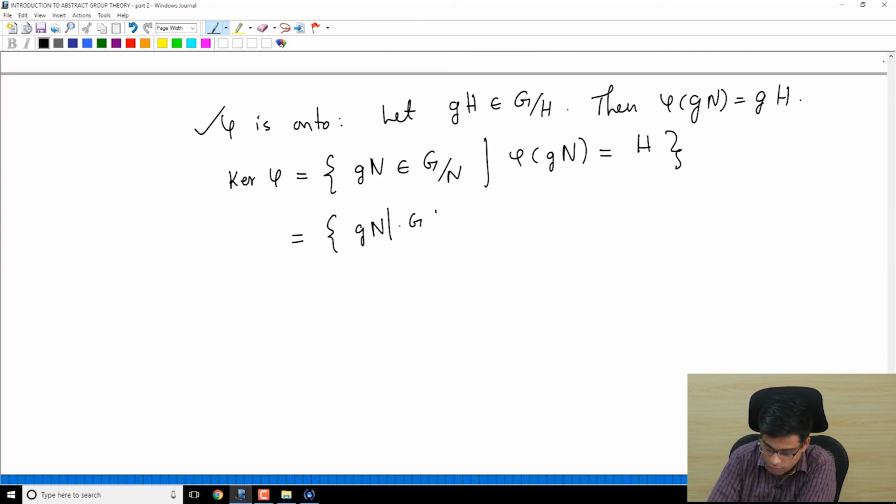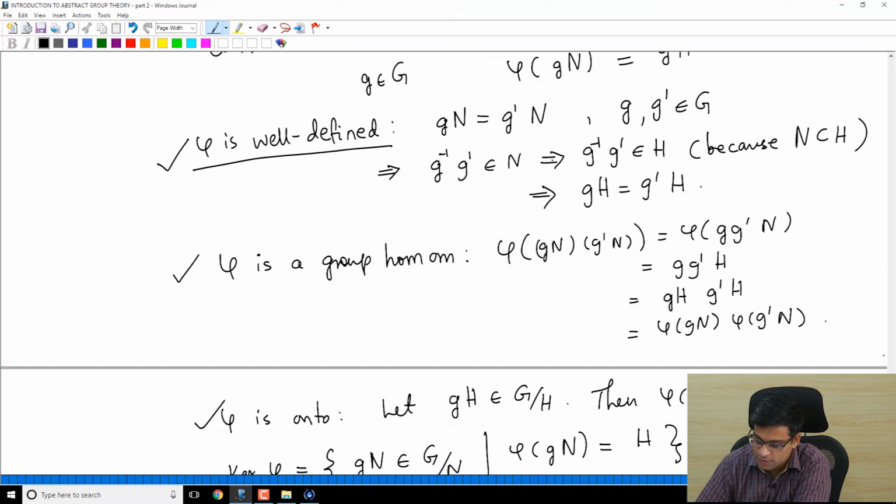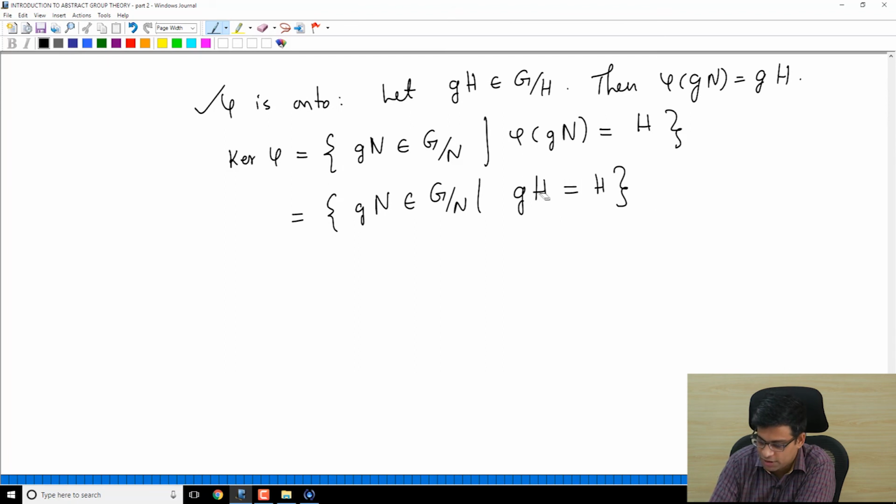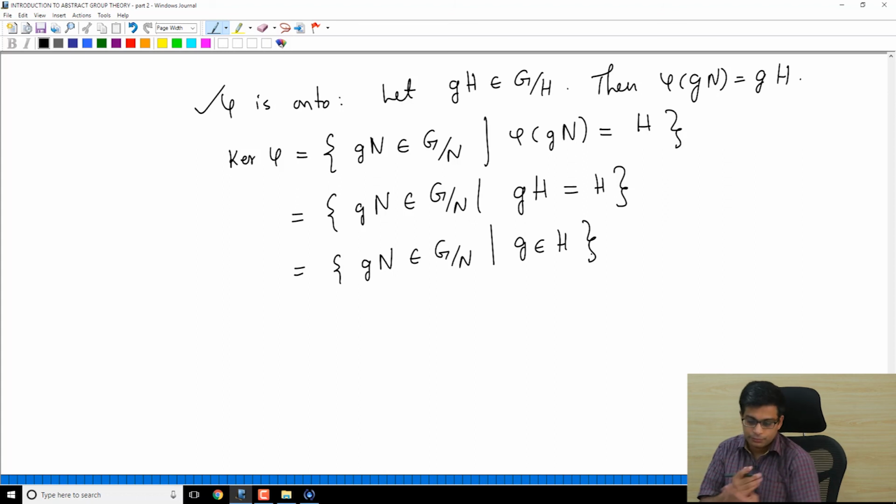But this is gN in G/N such that gH equals H. Remember, φ(gN) is by definition gH. So φ(gN) equal to H means gH equals H. That means gN is contained in G/N such that g is in H. Right?